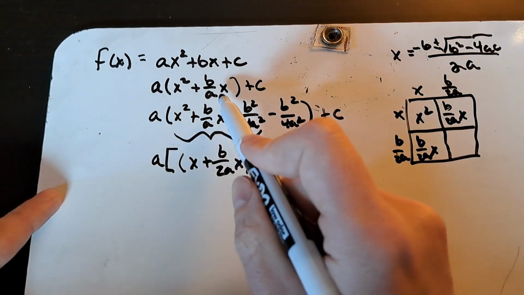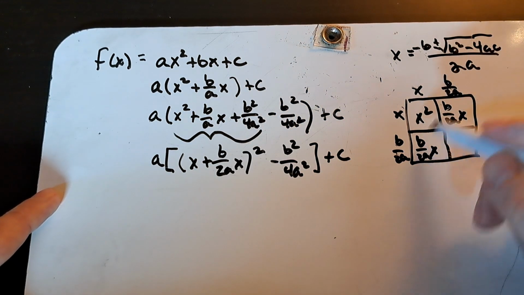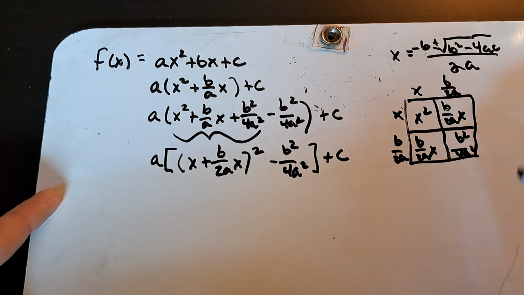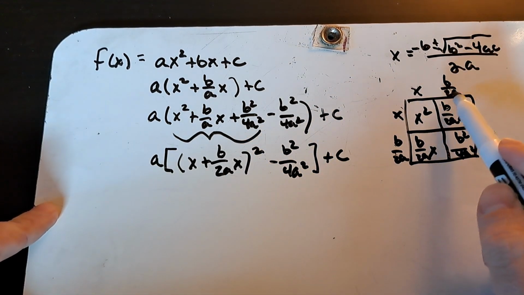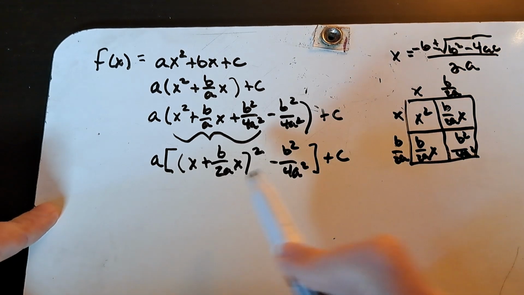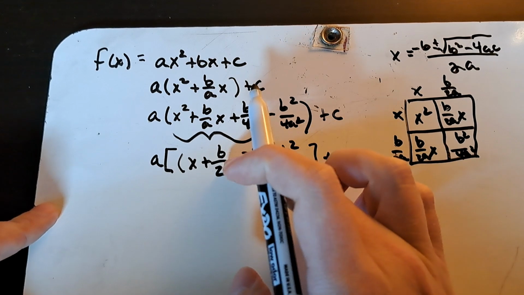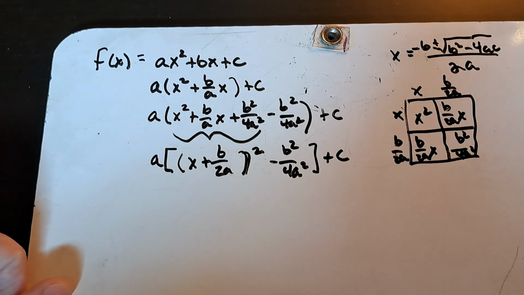If you add that together, you get b over a x. And then b over 2a times b over 2a, or b over 2a squared, is b squared over 4a squared. Sorry, that's a little hard to see. So that's how I got this, okay? x plus b over 2a times x plus b over 2a is x plus b over 2a squared, okay?